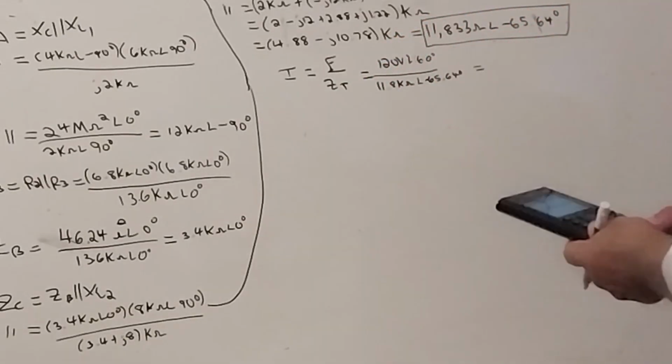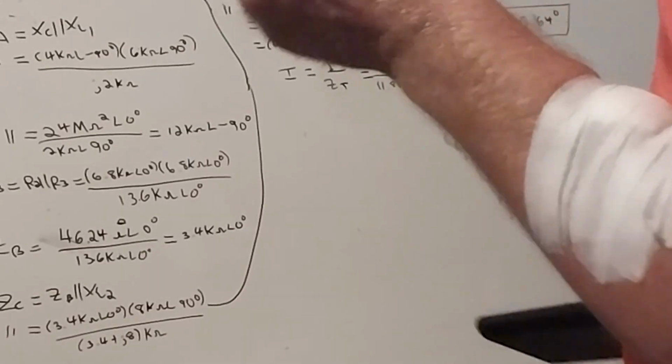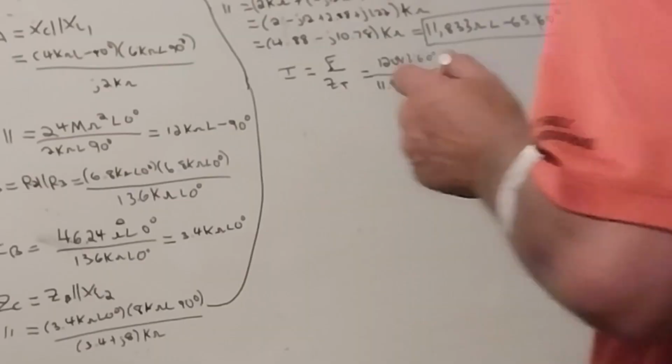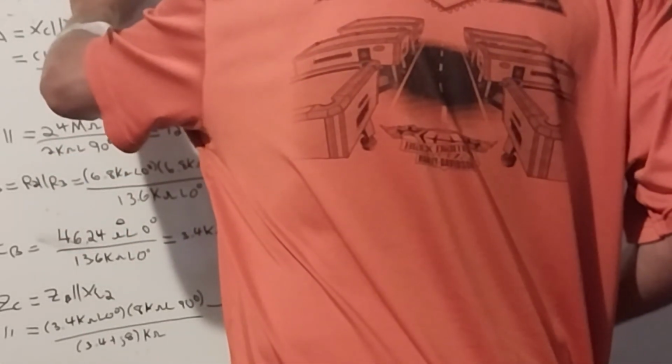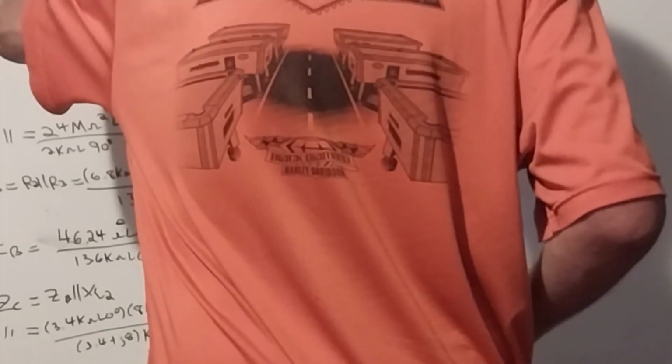This value of current is going to help us get to V sub 2 and I sub L. So I sub L is right here, current flowing through L2. And the V2 is across R2. So we're looking across right here for V2.